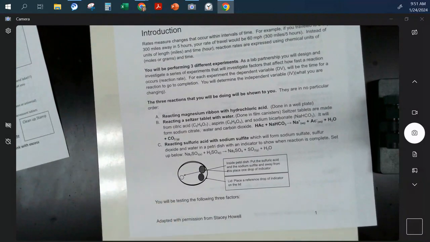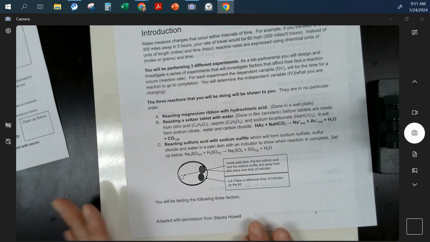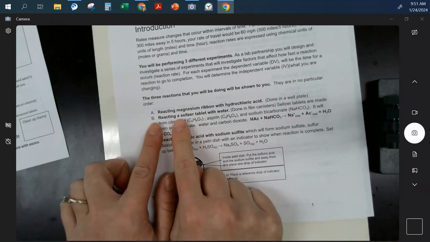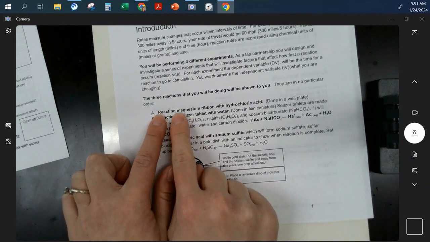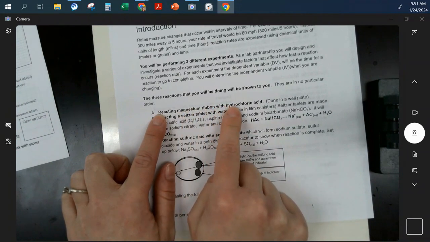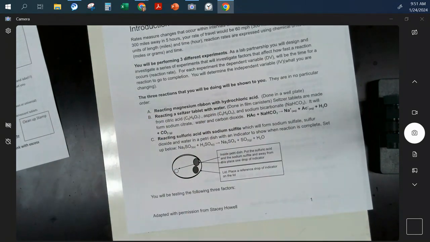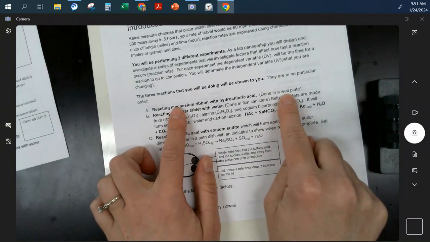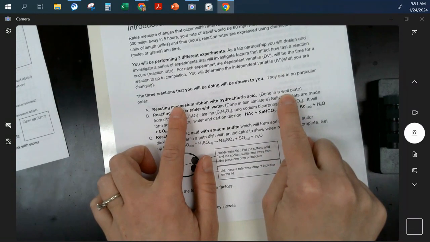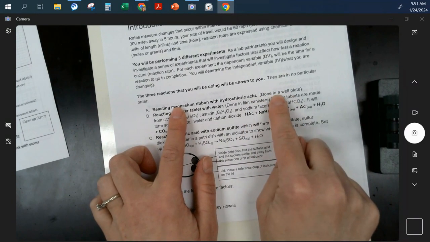So we'll use this one from Weber State, but the other paper also has this information. We have 3 reactions. We are going to react magnesium with hydrochloric acid. We've done that before. That's what we put in the balloon, when the balloon got big. So that's one, and we're going to do that in a well plate.